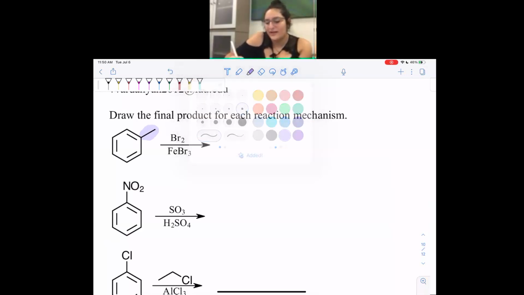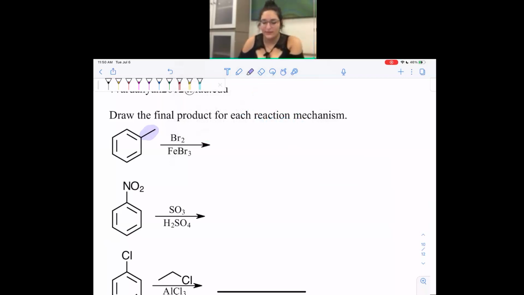Activator, weak deactivator, strong deactivator. What do we think? So yes, we're going to call this an activator.